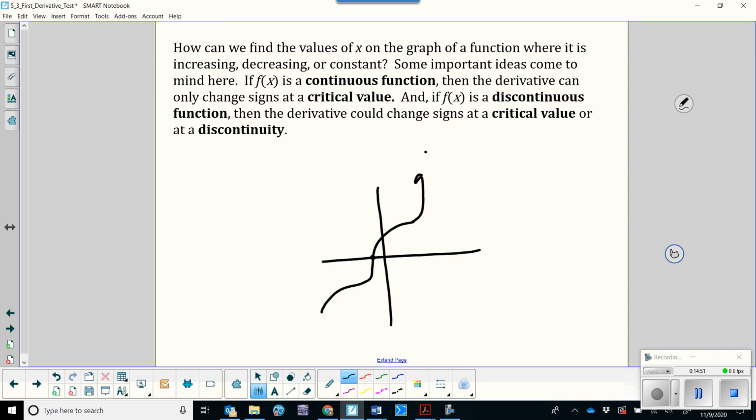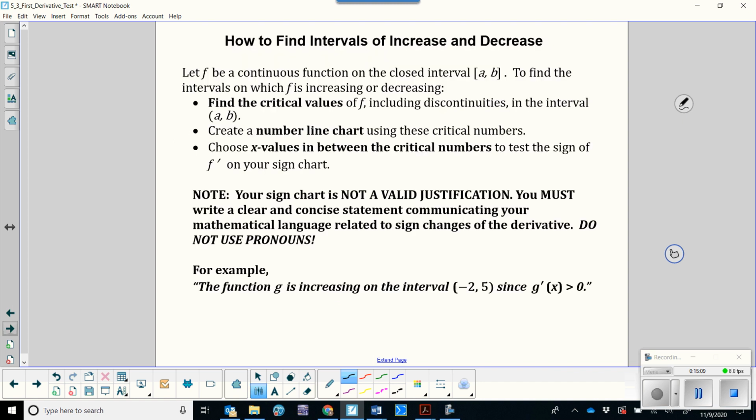Or there has to be an asymptote there and it jumps across and it's positive on one side, negative on the other. It can't change signs any other way. It either has to go through the x-axis or jump over it. Okay, so therefore, wherever the function is 0 or undefined is the only possible place for it to change signs. And since the sign of the derivative tells us increasing, decreasing, then that's how we're going to do that, okay?